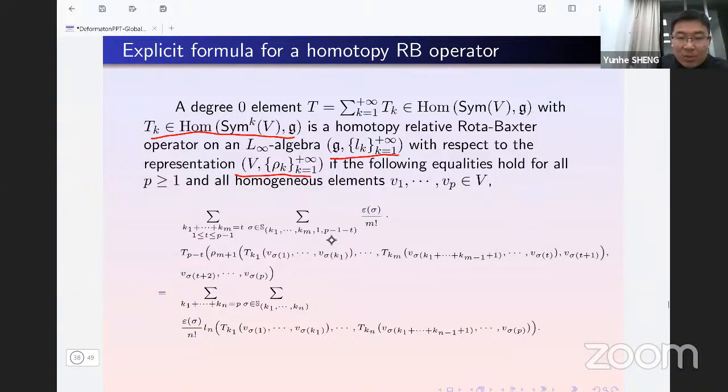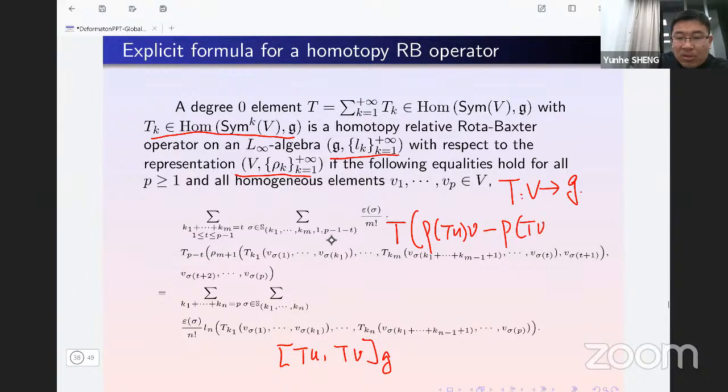So for a relative Rota-Baxter operator in the classical case, for a linear map T from V to G, if it is a relative Rota-Baxter operator, then at the right-hand side of the equality, it is simply Tu, Tv, then taking the Lie bracket, and at the left-hand side, it is simply T of rho(Tu)v minus rho(Tv)u.